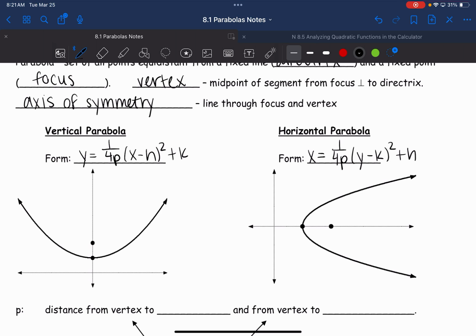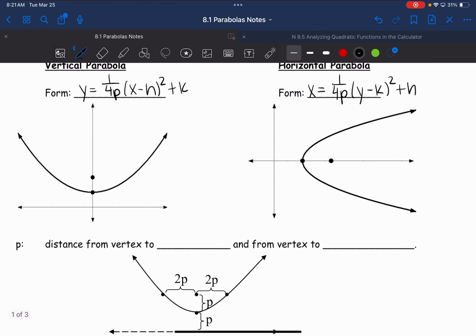All right? So in these pictures, this point right here would be that point that they're referring to as the focus. We know that this point right here is the vertex, right? And this line that's right here below our figure that I just drew over in red, that is our directrix.